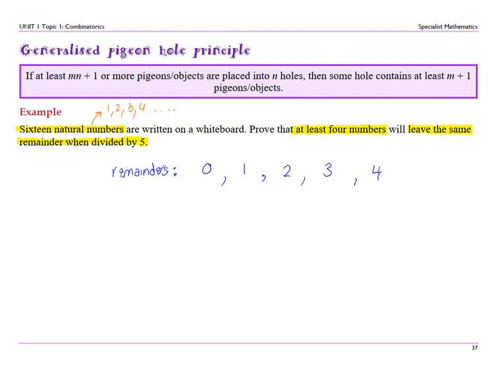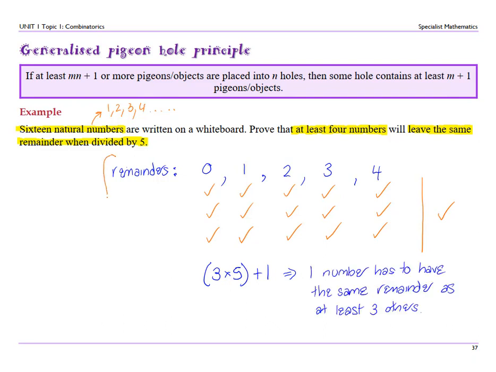Now, if we've got 16 natural numbers, you have to place those in regards to these remainders. 5, 6, 7, 8, 9, 10, 11, 12, 13, 14, 15, and then we have our next number. So it's 3 times 5 plus 1. One number has to have the same remainder as at least 3 others.